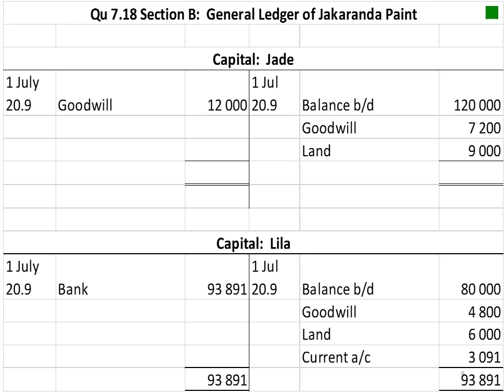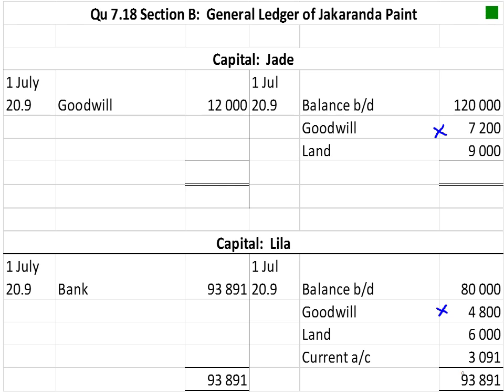What needs to happen now is that the 12,000 Rand goodwill that we created, remember the 12,000 Rand was created by debiting goodwill and crediting the capital account of Jade and the capital account of Lilla. So now that 12,000 Rand needs to be reversed, because we're not keeping the goodwill as an asset.